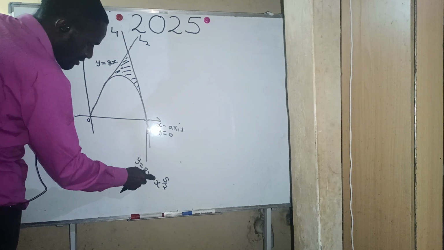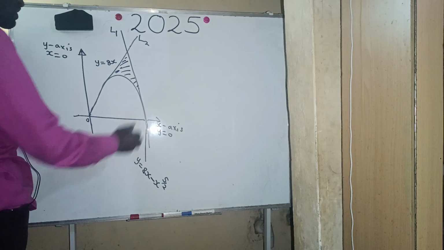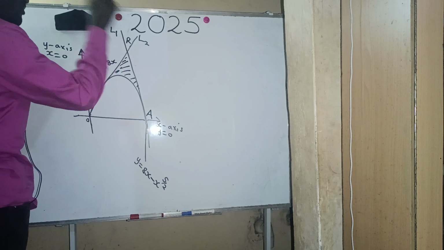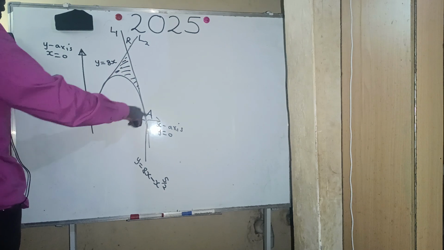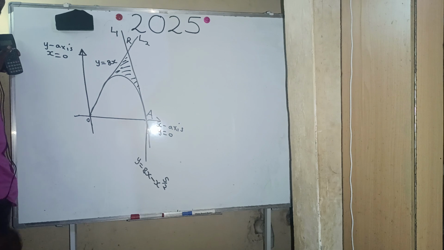So we've been told in the first case to confirm that at this point, this was point A and this was point R, at this point A the value of x is 4.